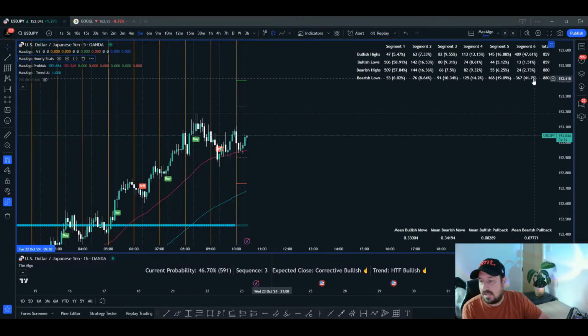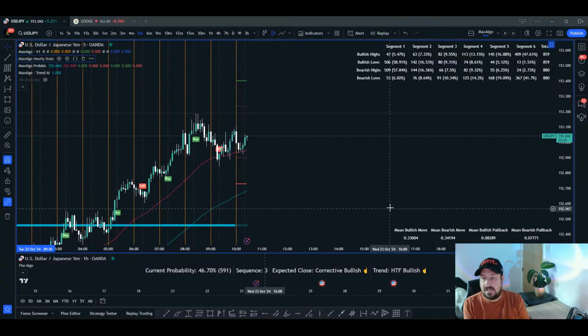What's nice around USD JPY, and this is a big one to look at as well, is it's great to get where the high is in a bearish trend. But if you get a pair that's got a really high probability of where the low is, that's great for taking targets. You've got targets physically on the chart, which is your mean, your average and 50% of the mean. But then you've also got time.